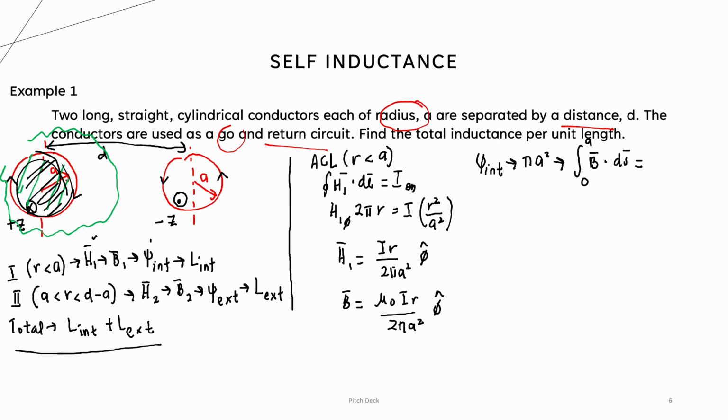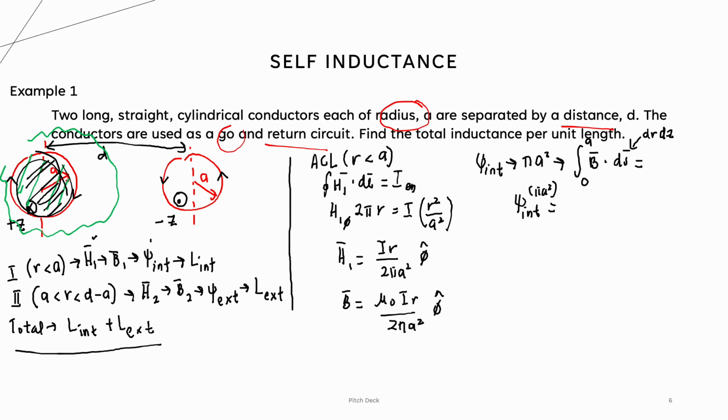Since our B is in the phi direction, our ds must also be in the phi direction, right? So ds in the phi direction is going to be dr dz. If we further solve, we are able to get our flux at the internal side, where the area is pi a squared, the total area inside the conductor.